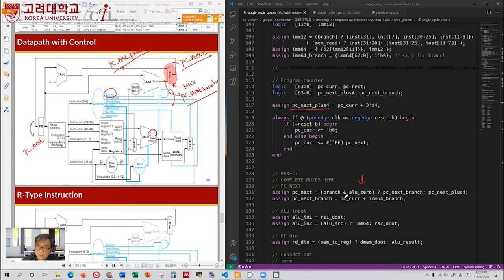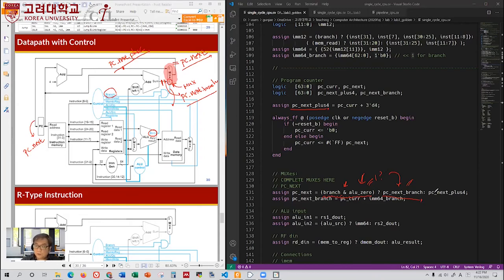So as you can see, this is the selection signal. This is AND, so branch control signal and ALU 0 equal 1, then PC next branch is selected. So this is very similar to the C code. So this signal is selected, right?